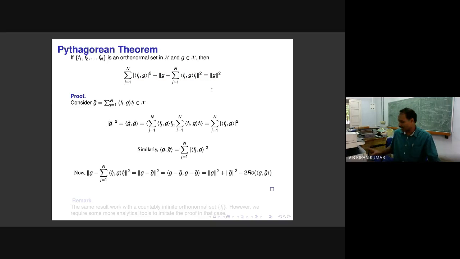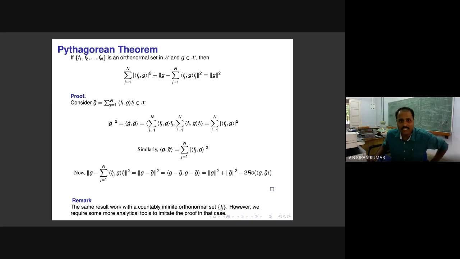Now we will see certain consequences of this identity very soon. Now, one more thing: if you have infinitely many elements here also, then this is true. I will come back to that later. But what is the consequence here? You look at here. This quantity is always non-negative because it's a norm square. Therefore, this quantity will always be less than or equal to this quantity because you are adding a non-negative quantity to obtain this.